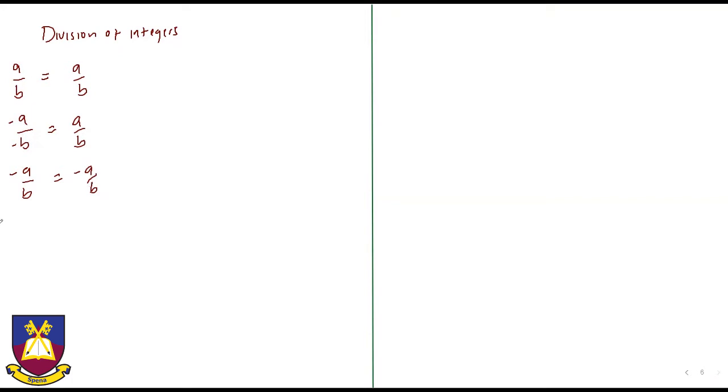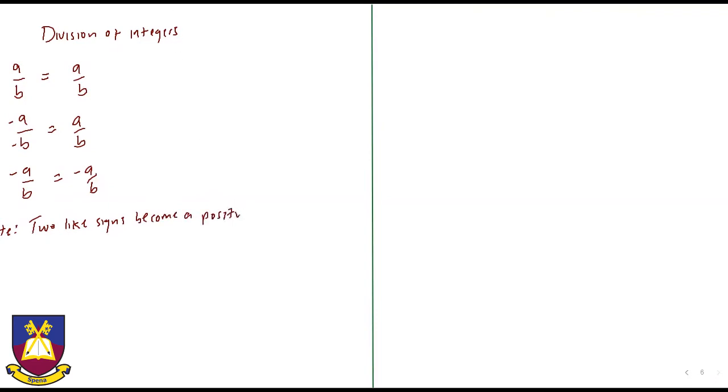So the same idea we used in multiplication also applies in division. Two like signs become a positive.